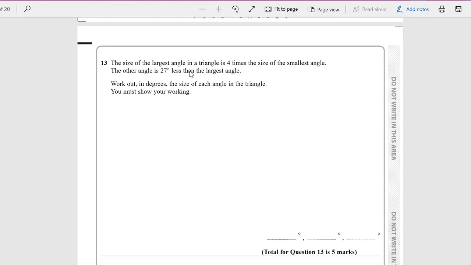Okay, so the size of the largest angle in a triangle is 4 times the size of the smallest. So I'm just going to use x and 4x. So this is the largest, and this is the smallest.